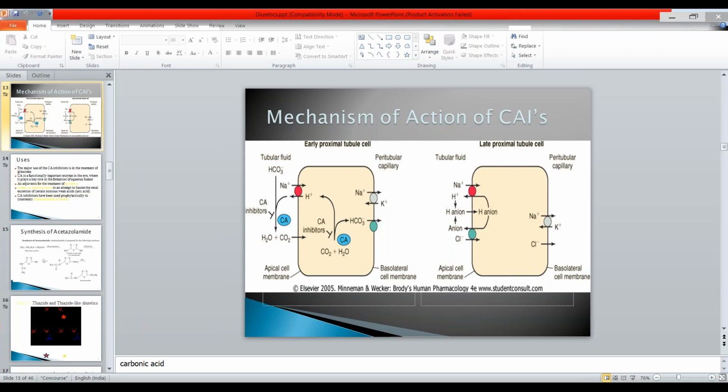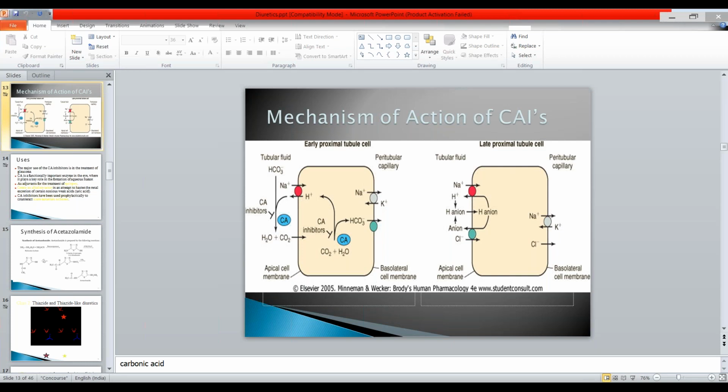Okay, now the body will sense at this point of time that something has prevented the body from reabsorbing the normal 60% or 70% quantity of sodium back into the nephrons, and it has moved away in the luminal fluid.